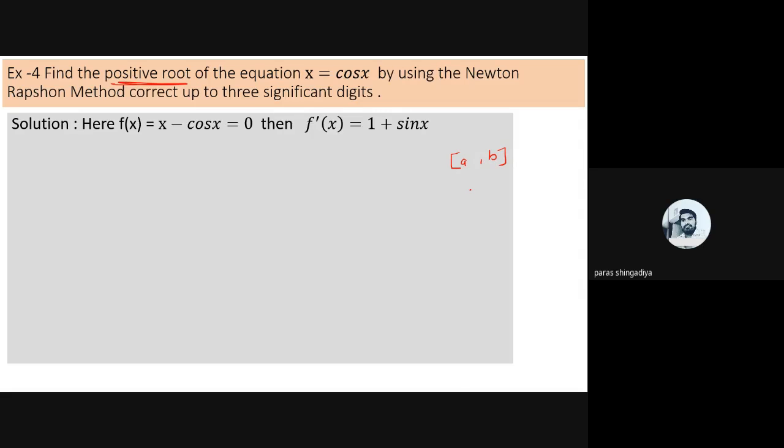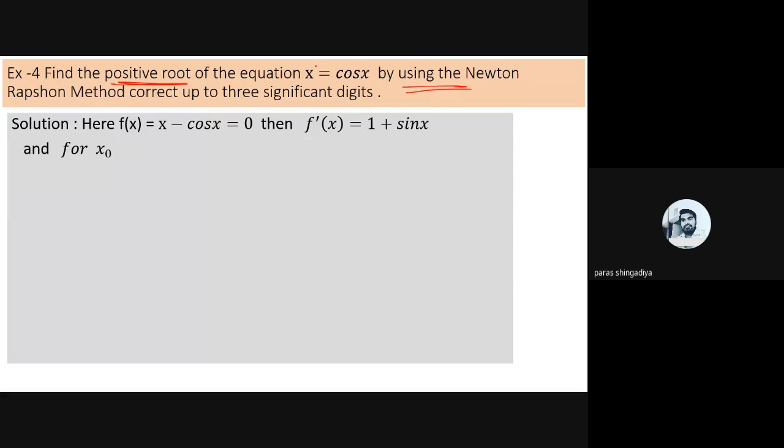If we consider A and B as negative values, let us take -2, -3, at -2 the function is positive and at -3 the function is negative, so in this case we'll get the answer in negative root form. That is simple. So the positive root of the equation x equal to cos x by using the Newton-Raphson method, correct up to 3 significant digits.